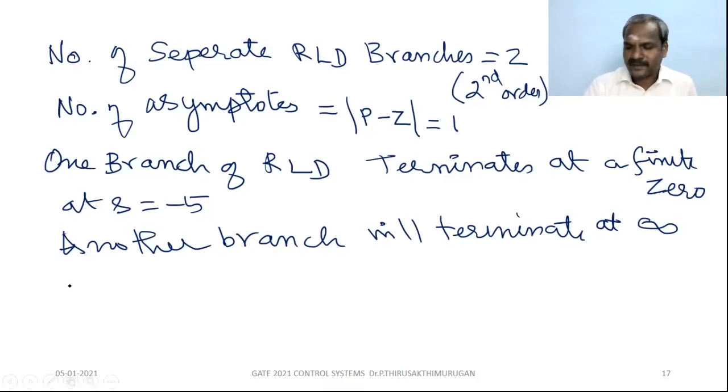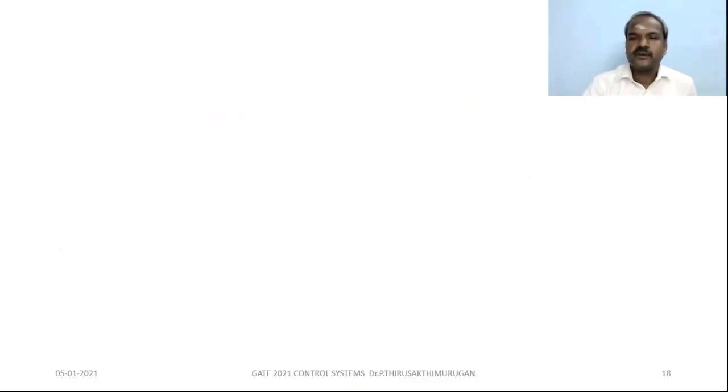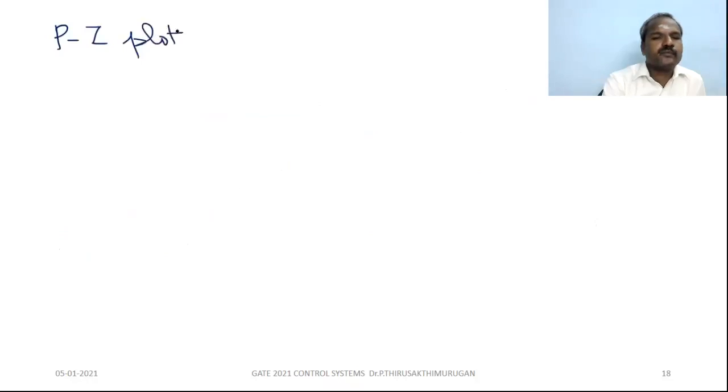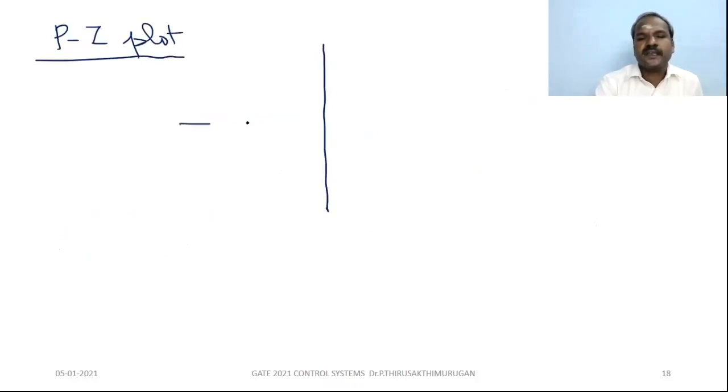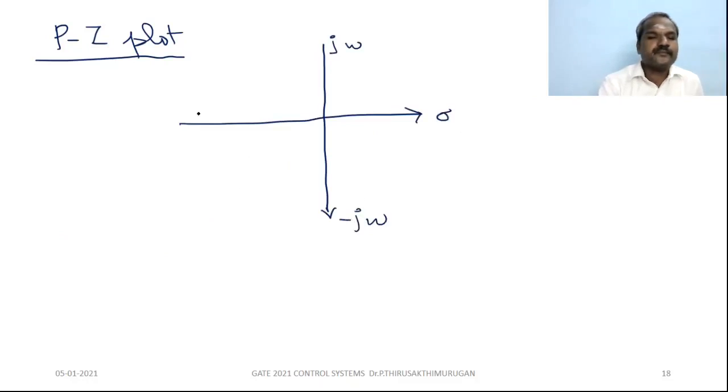So let us draw the pole-zero plot for this diagram. What is the pole-zero plot? You see, the real and imaginary axes, j omega and sigma.